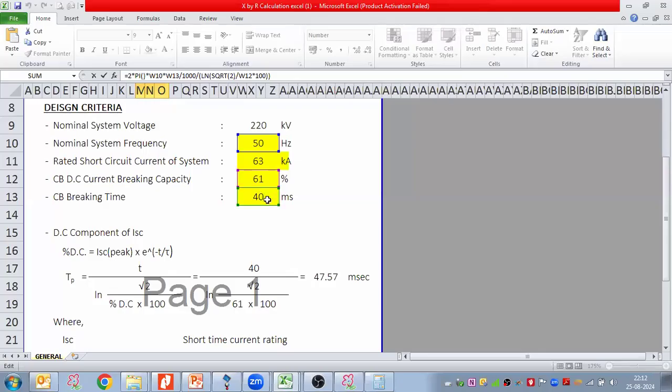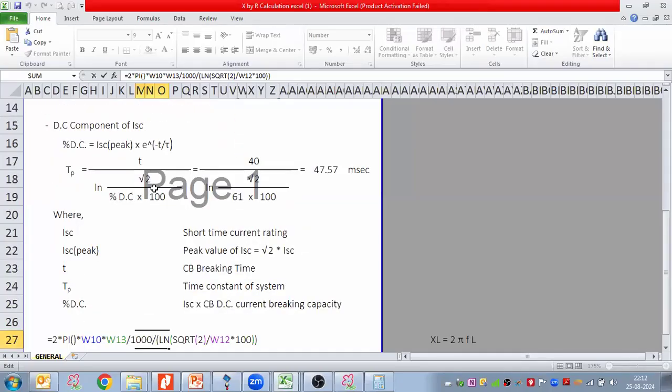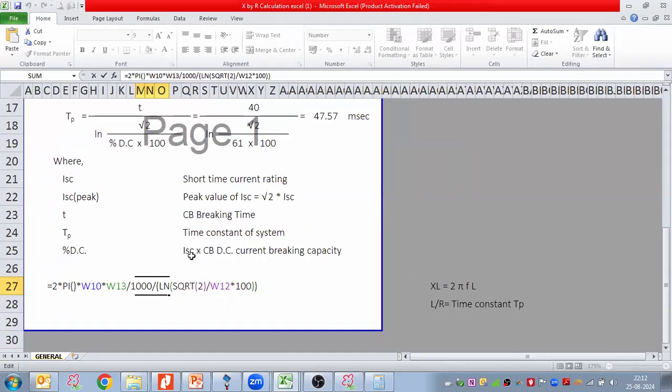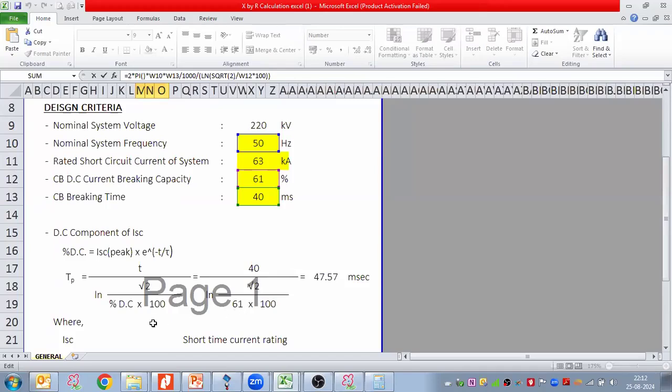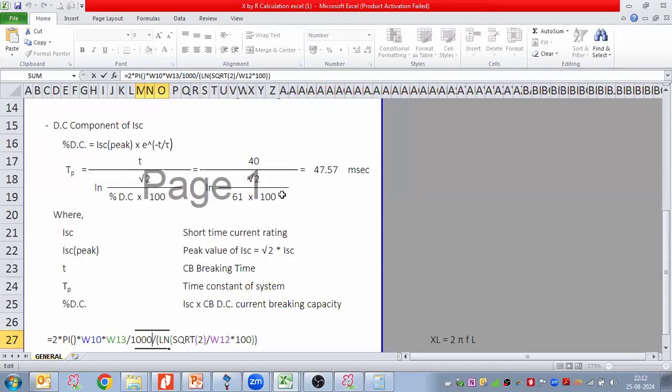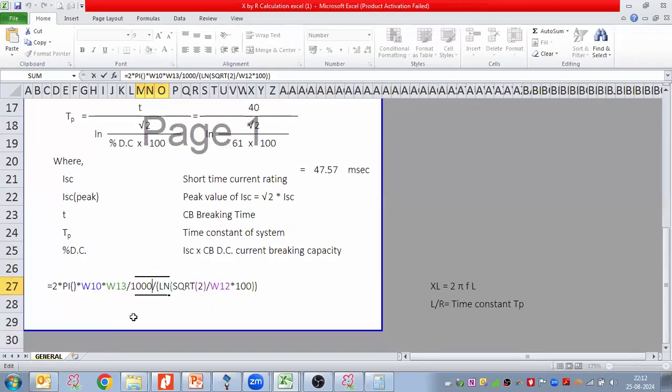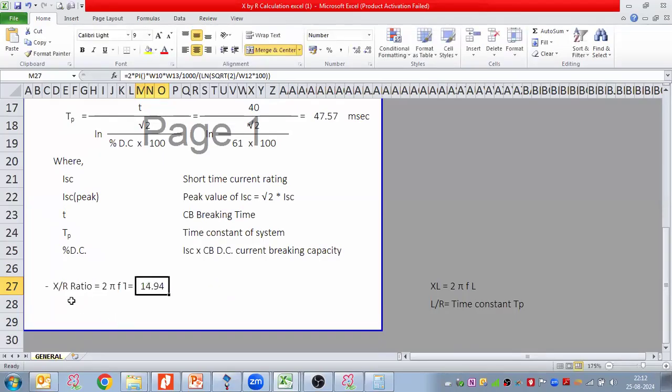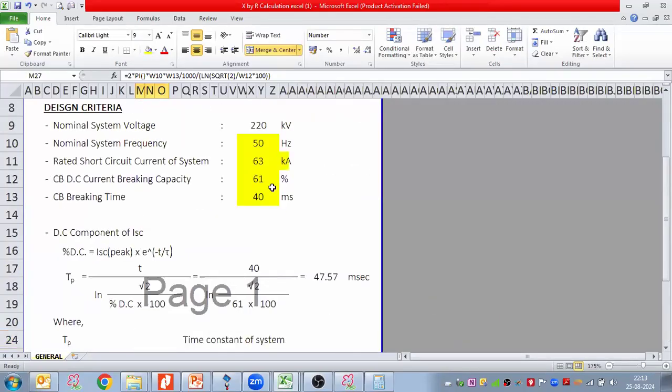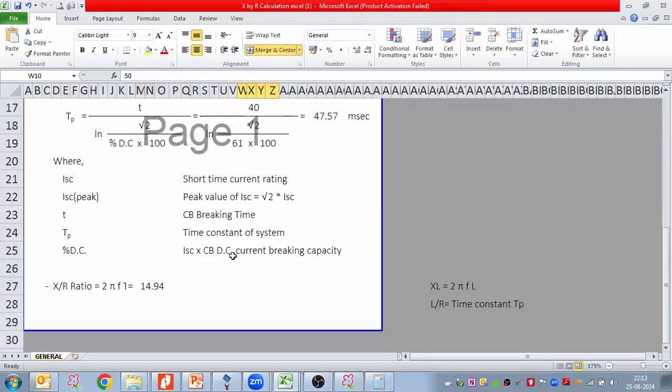W12 is the breaker breaking capacity, into 100. We are solving both equations. Putting all this together, we get the value of X by R equal to 14.94. This is when we have the 50 Hz system.